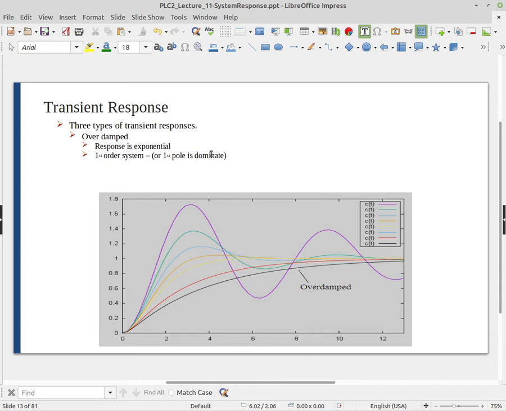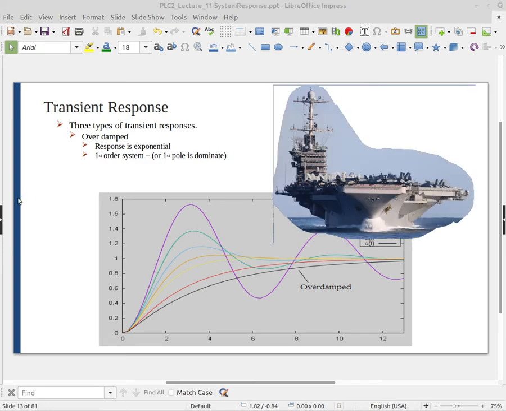So overshoot would be really bad in that example. So you have to have an overdamped system for something like a ship coming into dock. You can't have any overshoot. And you don't even want it to be critically damped, because chances are that if you're a little bit off, you have a little bit of overshoot, which means you actually crashed into the dock and are causing damage to the ship or the dock or both. So at times you definitely want a severely overdamped system.